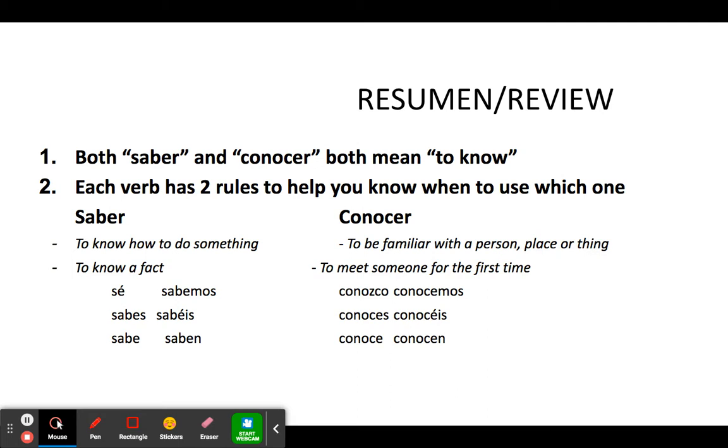Conocer is for the concrete, for people, places. So you can say, yo conozco a María. Some examples they give you is to be familiar with a person, place, or thing: yo conozco a María, yo conozco Oakland, yo conozco Colombia. I think that's pretty much it, guys.